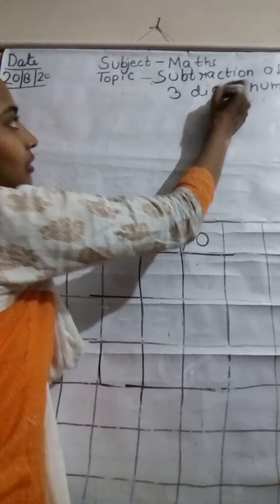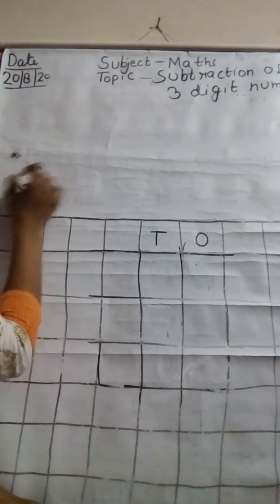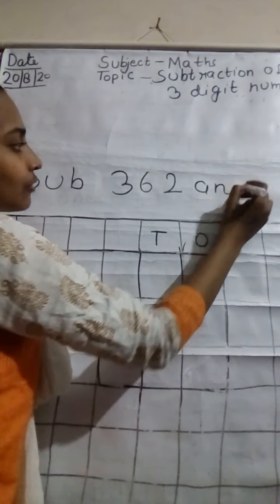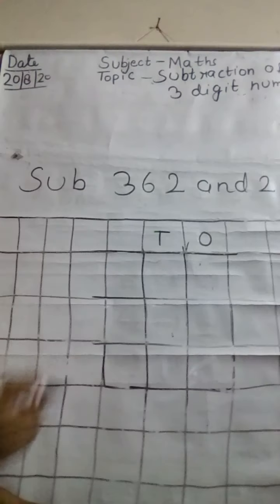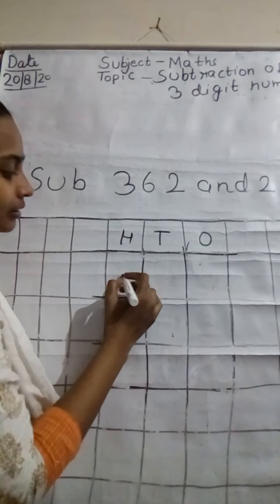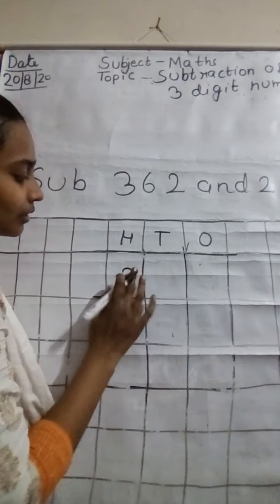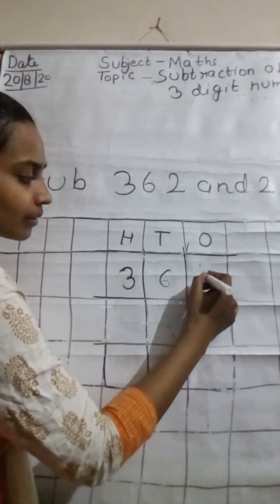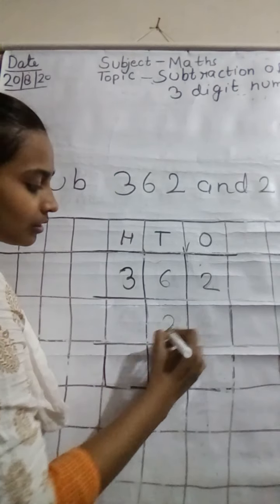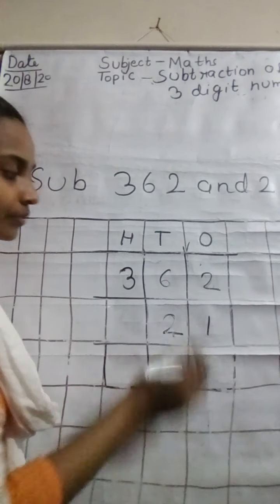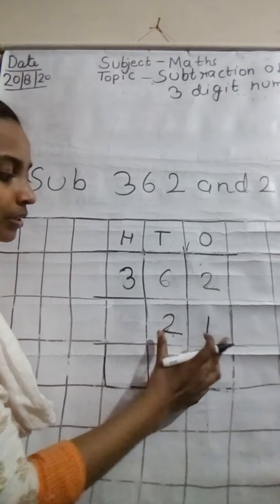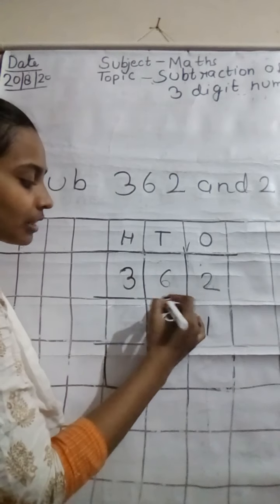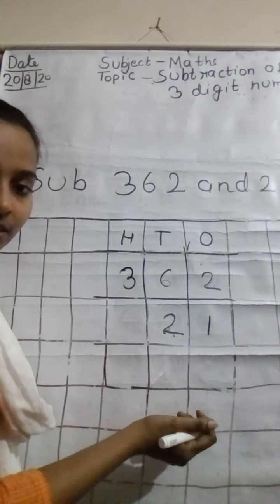Subtraction of 3-digit number. Now children, here I write the question again: 362 minus 21. Because 21 is the 2-digit number, I am starting from the tens place, and 362 is the 3-digit number, so I am starting from the hundreds digit.